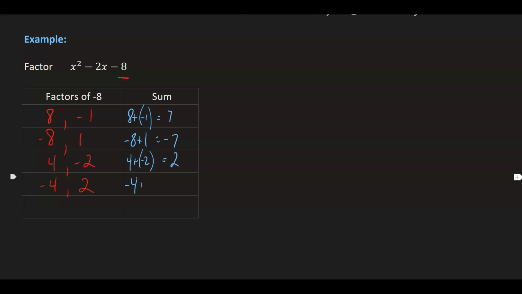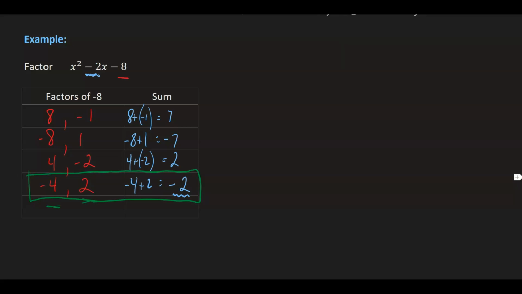And -4 plus 2, which is -2. Ooh, -2, -2. So there we go. Our A and B are -4 and 2.